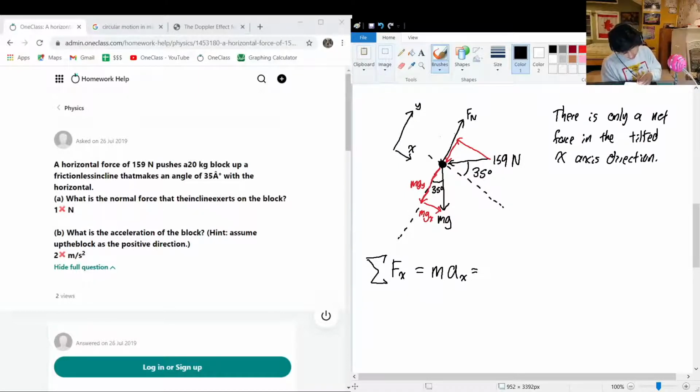The way we set up our axis is we have positive down the ramp, negative up the ramp.